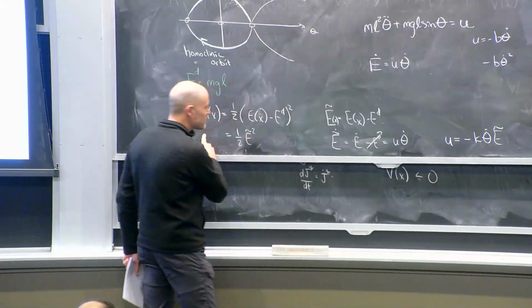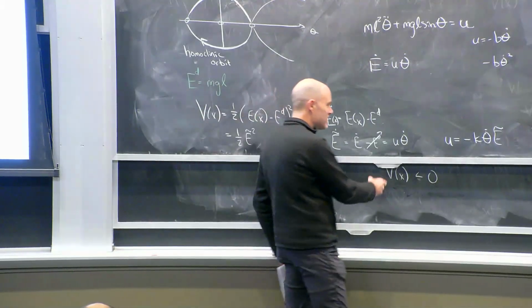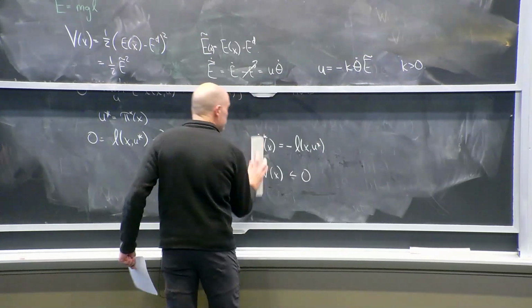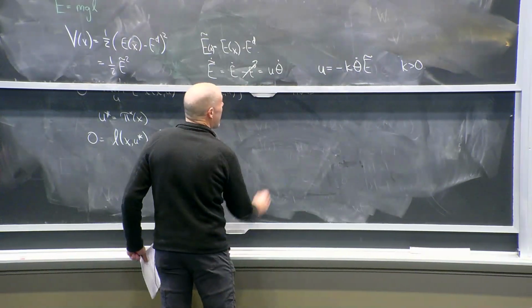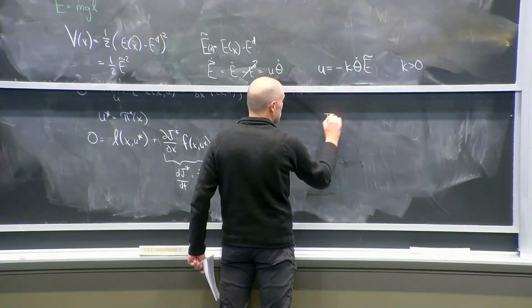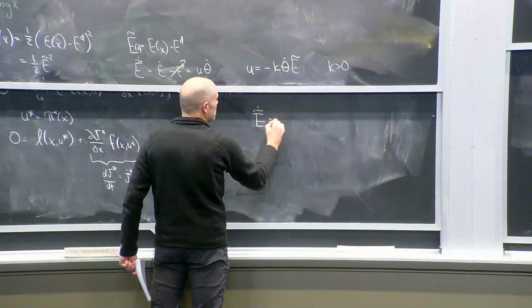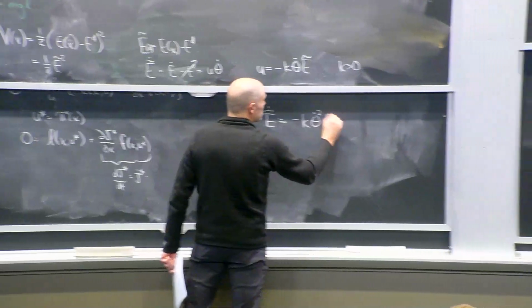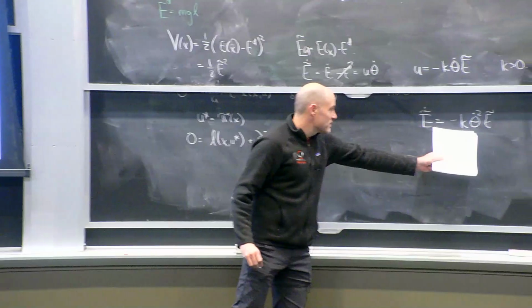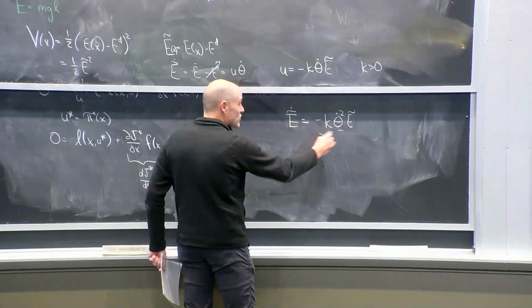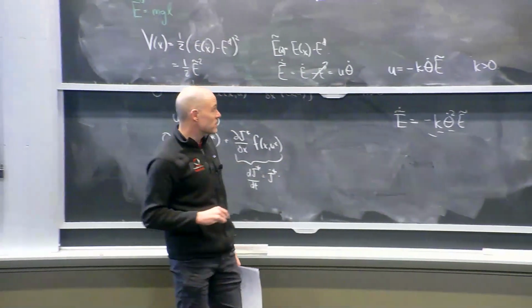Because now the derivative of my Lyapunov function is going to look like negative k theta dot squared E tilde squared, which is negative, since the squared terms are positive. This looks a lot like my exponential Lyapunov conditions.